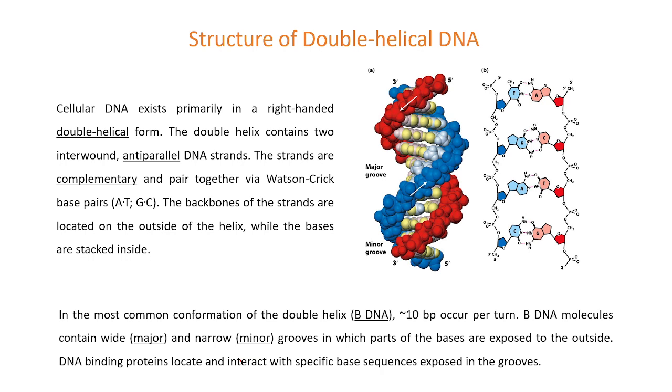The double helix consists of two interwound antiparallel DNA strands. The strands are complementary and paired together via the Watson-Crick base pairs A-T and G-C, and the backbones of the strands are located on the outside of the helix while the bases are stacked inside. As you can see over here, these are the bases that are stacked inside.